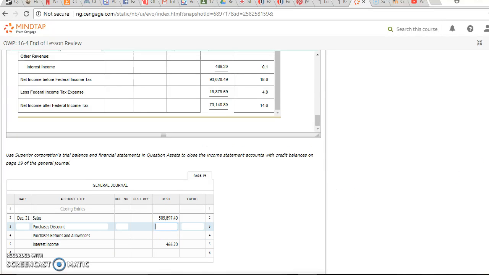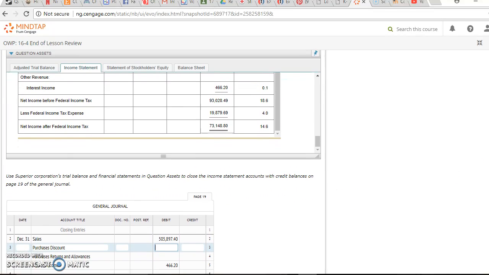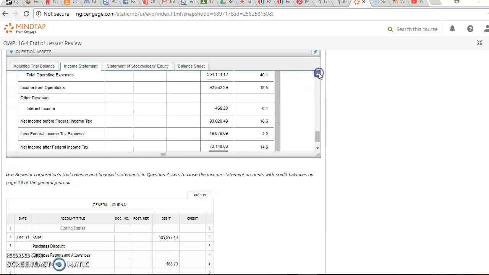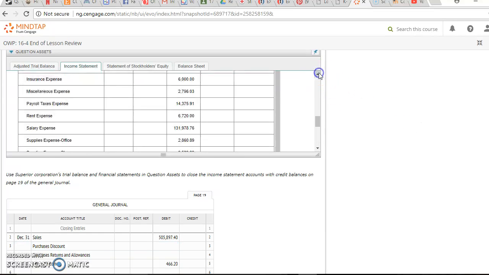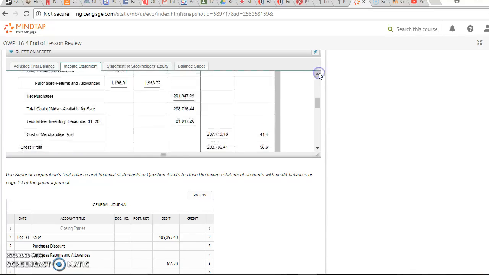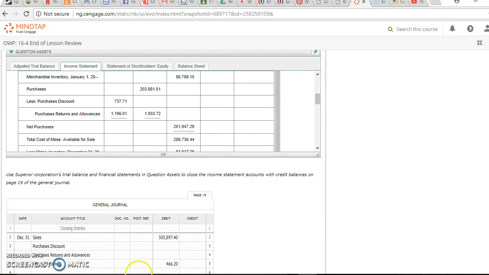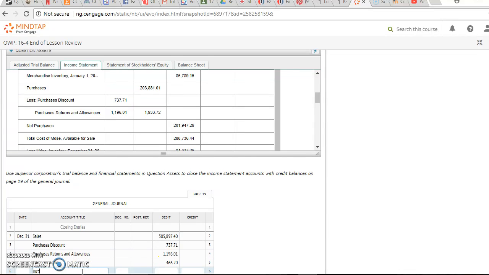So purchases discount is 737, and purchases returns and allowances has 196.1. Okay, and because those are all debits, we're going to credit income summary.